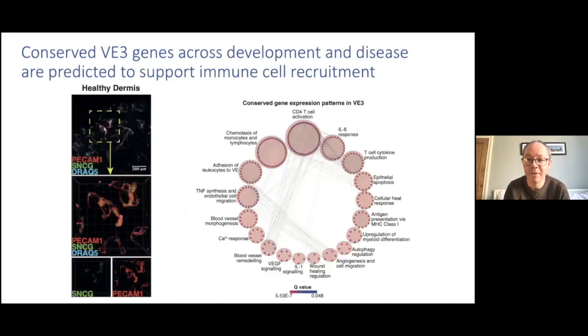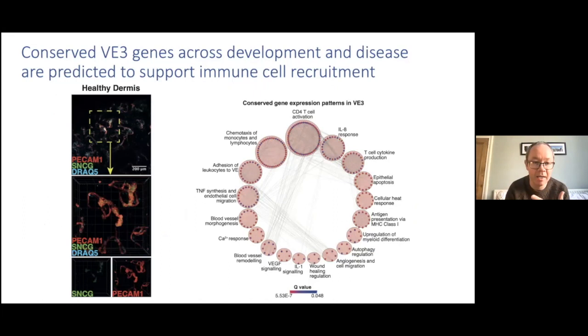We do the same thing with the vascular endothelium. What are the vascular endothelial cells doing? We look at the conserved genes both from development and in diseased skin. Of the programs that come up, there are repeated references to immune cell recruitment and chemotaxis. We stain for these cells.